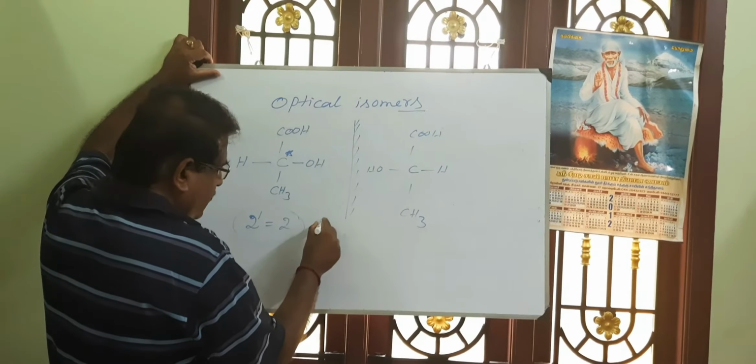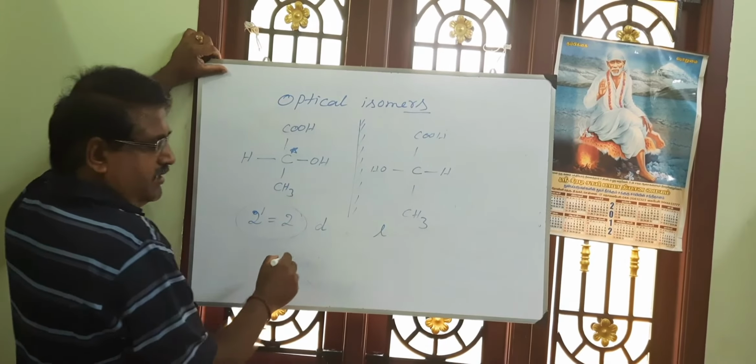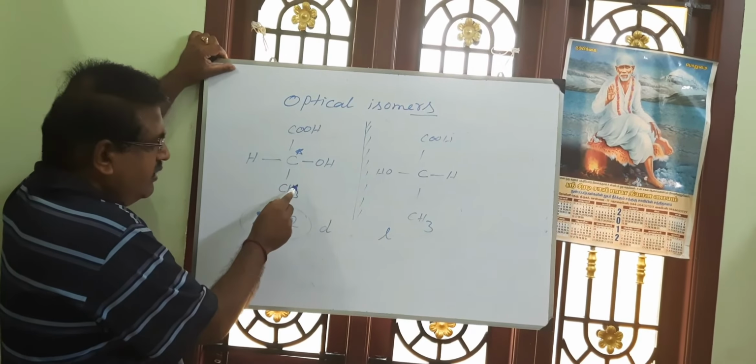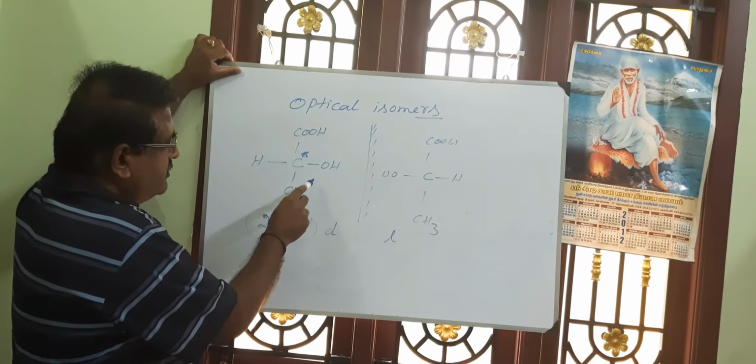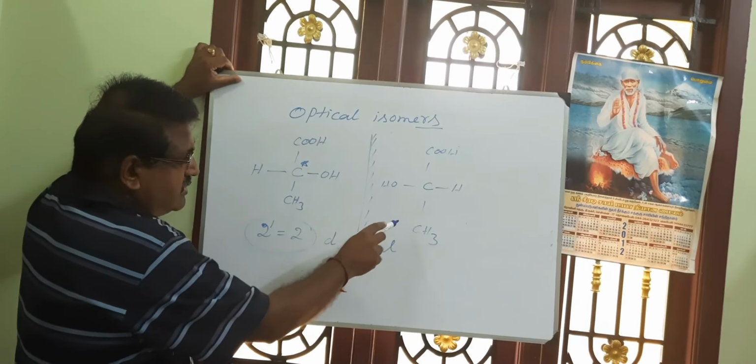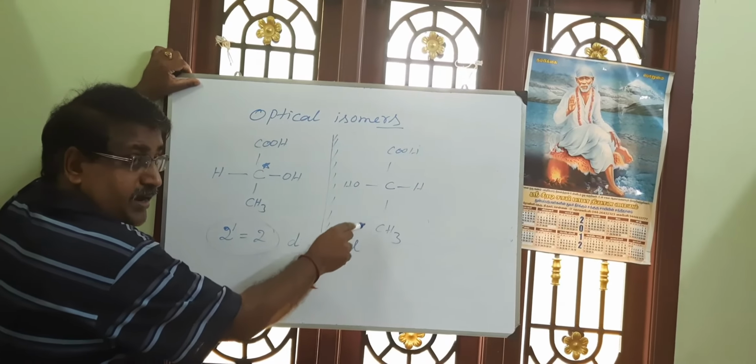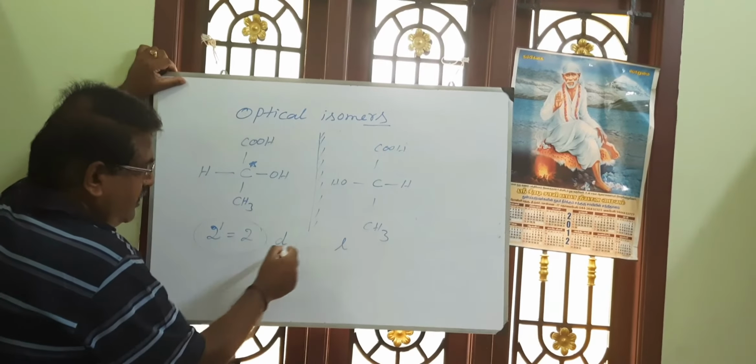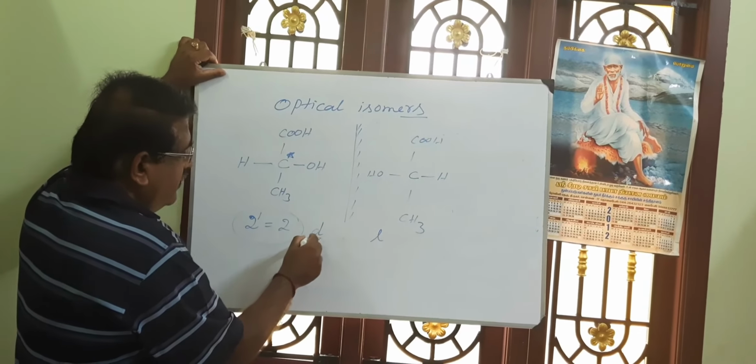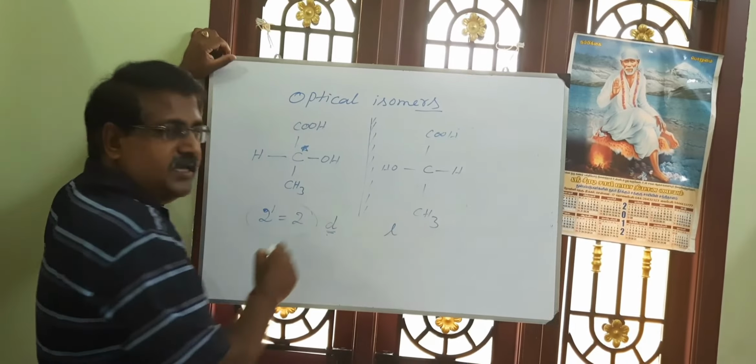This can be D and this can be L. In other words, this form may rotate the plane polarized light to the right side. This form may rotate the plane polarized light to the left side. So this is the D isomer, D lactic acid. This is L lactic acid.